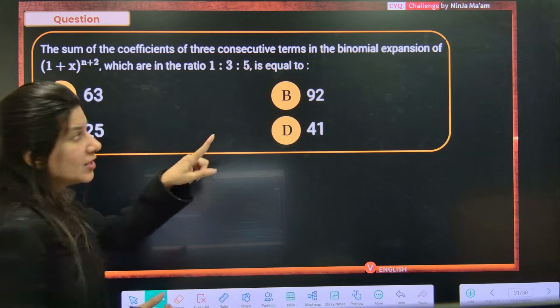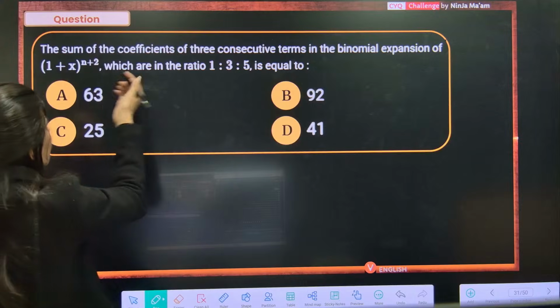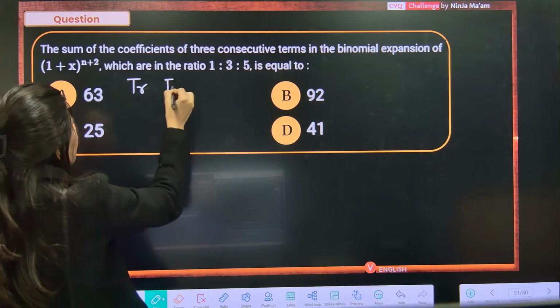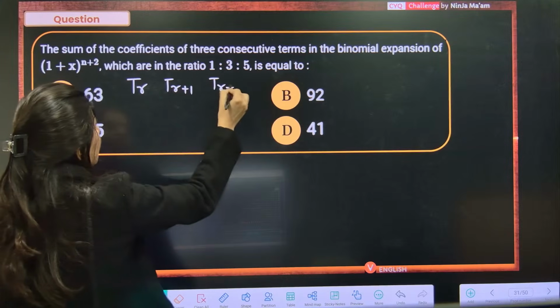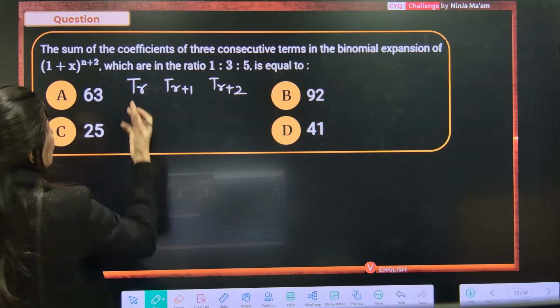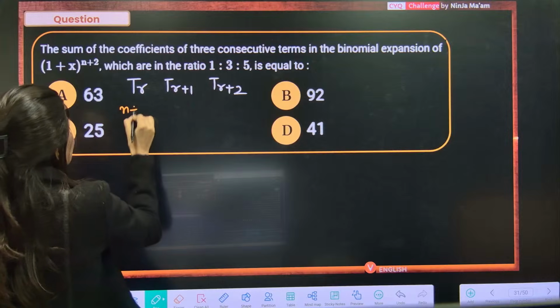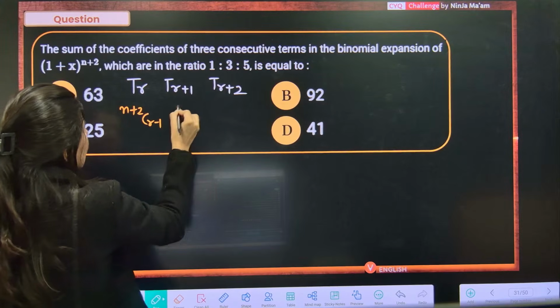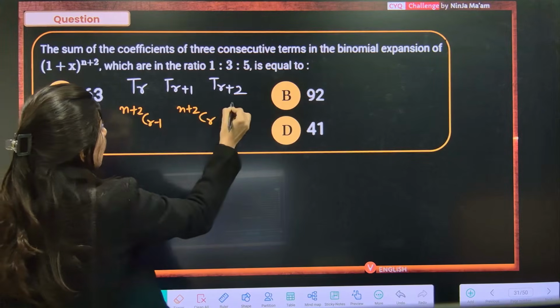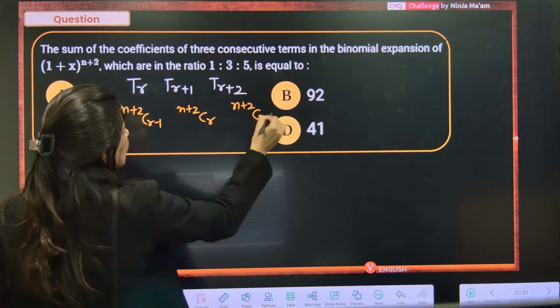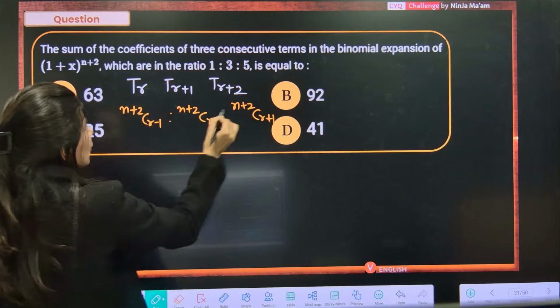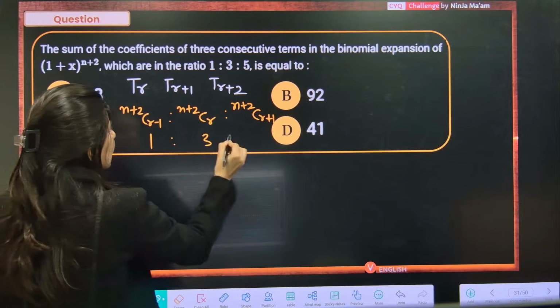Let us assume the 3 consecutive terms are T(r+1), T(r+2). And the coefficients will be n+2 C(r-1), n+2 C r, n+2 C(r+1). And the ratio is given as 1:3:5.